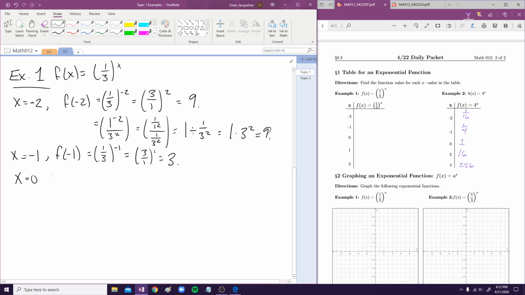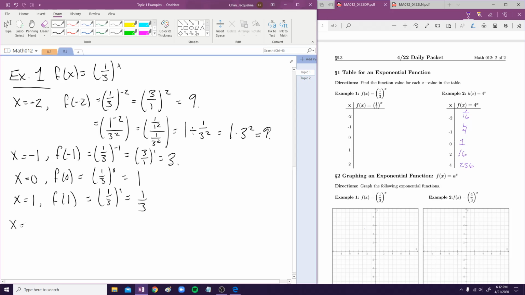X is equal to 0. F of 0 is equal to (1/3) to the 0, which is 1. Then x equals 1, that's f of 1, so (1/3) to the first is 1/3.